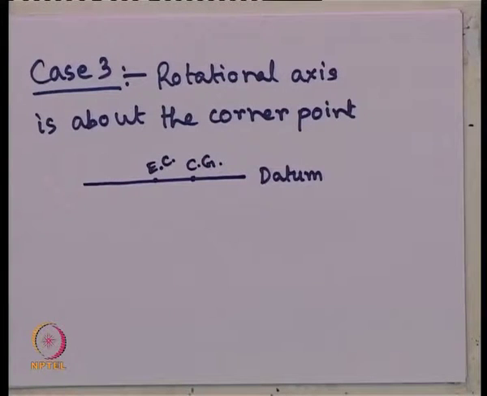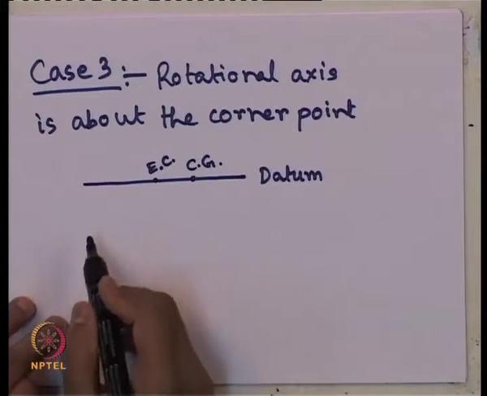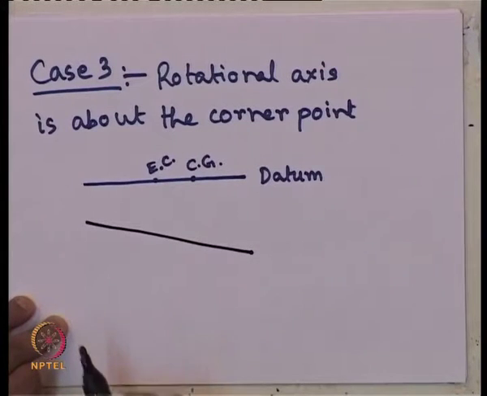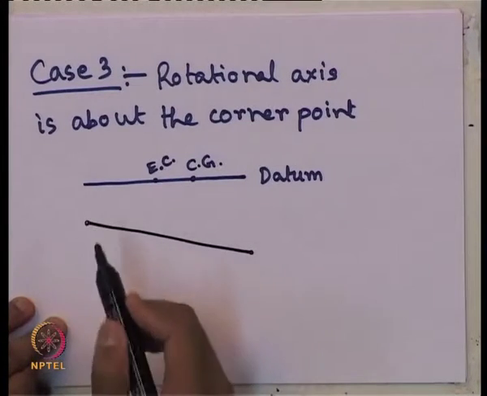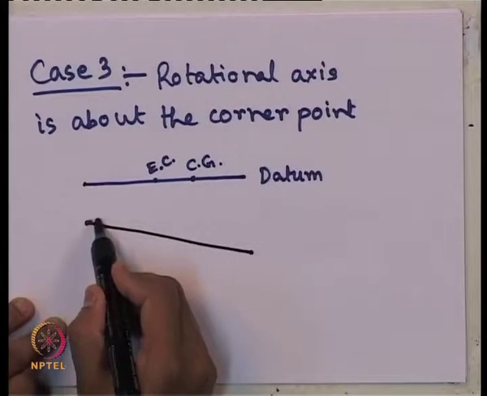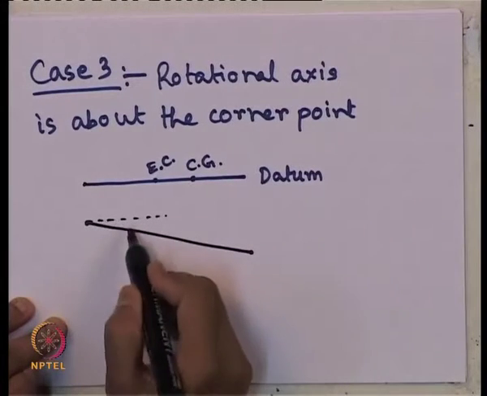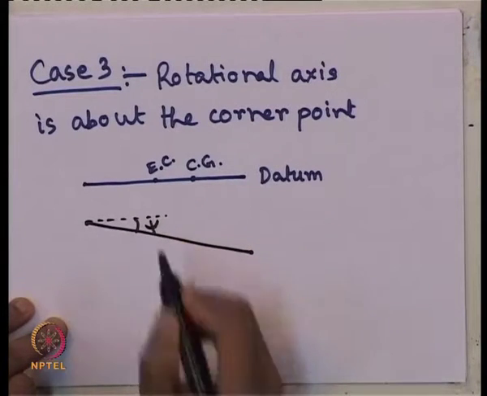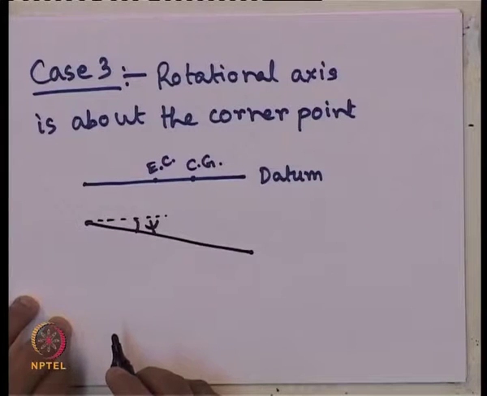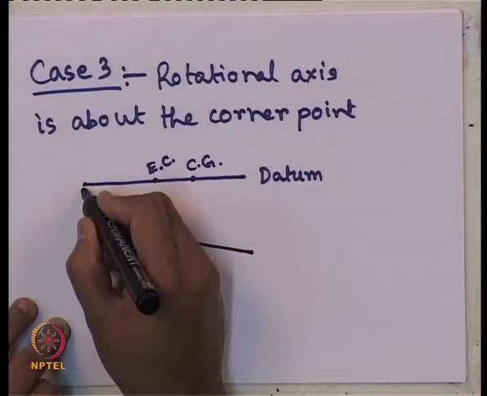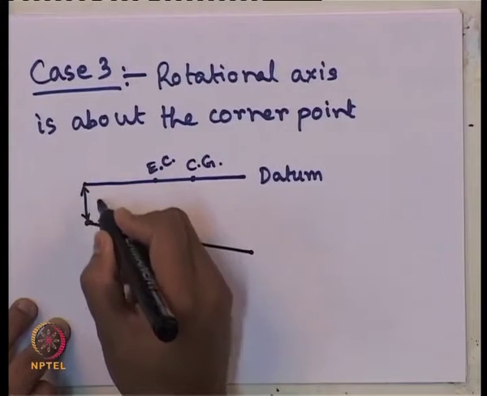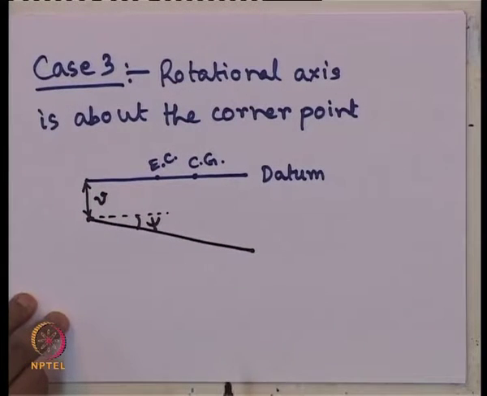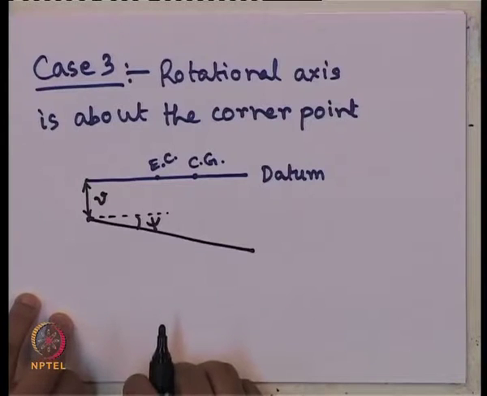What we are considering now is the new position like this, where it has rotated about this end point, this corner point, and let us say the rotational value is psi and the vertical displacement from the original position is given by small v. Now, what are the forces acting on this beam?